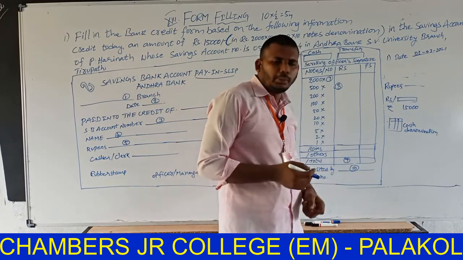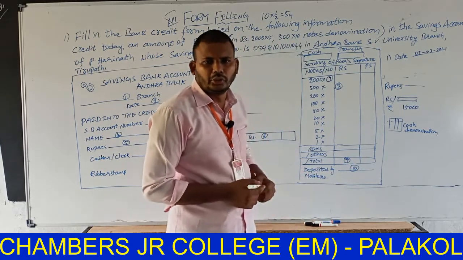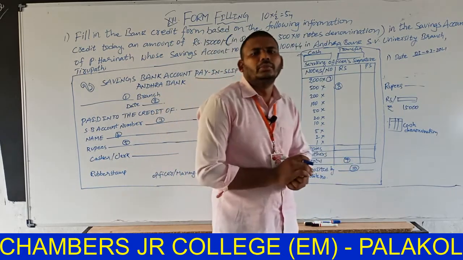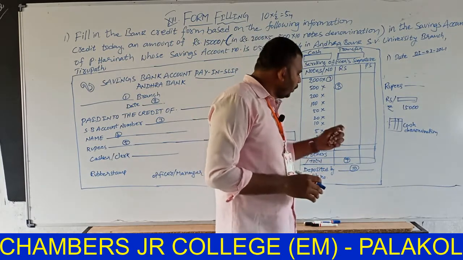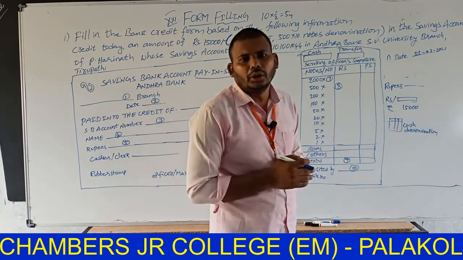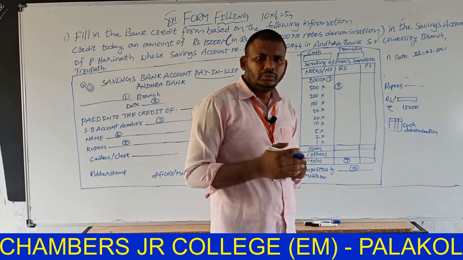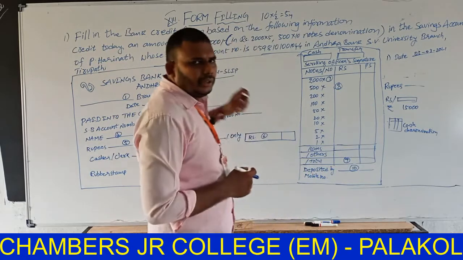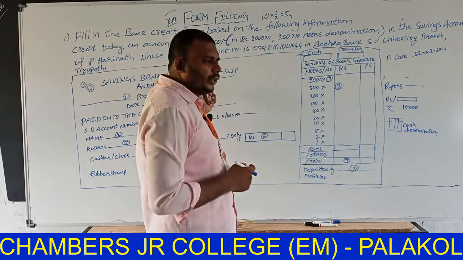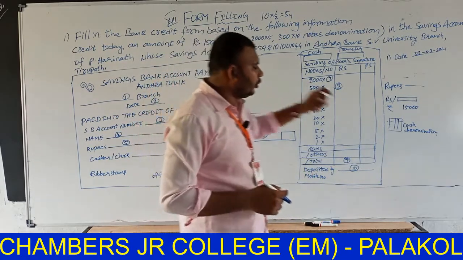And here the column is given as deposited by. In this column, you need to write the name of the account holder. You can repeat the name you have written at the column of name. The same name is repeated here.